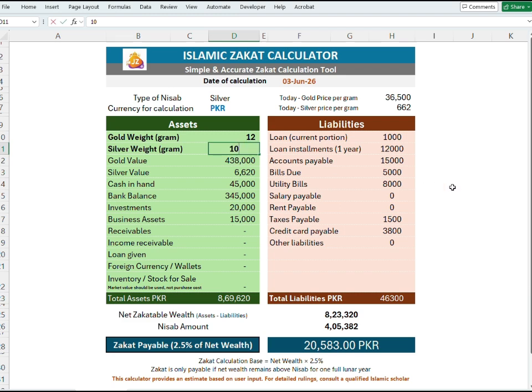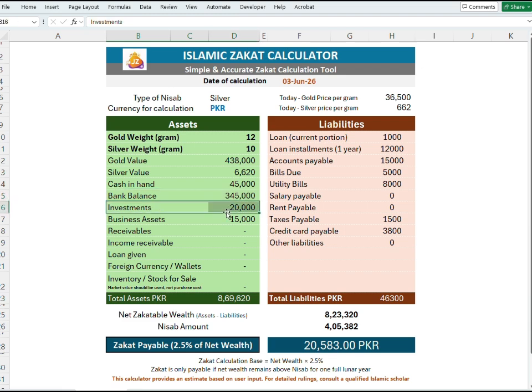The calculator automatically converts these weights into value using the market prices. Next is cash in hand. This includes all physical cash you have. From an Islamic perspective, any saved cash must be included. Then comes bank balance. You should include all your bank accounts, including savings and current accounts. If you have multiple accounts, add them together.